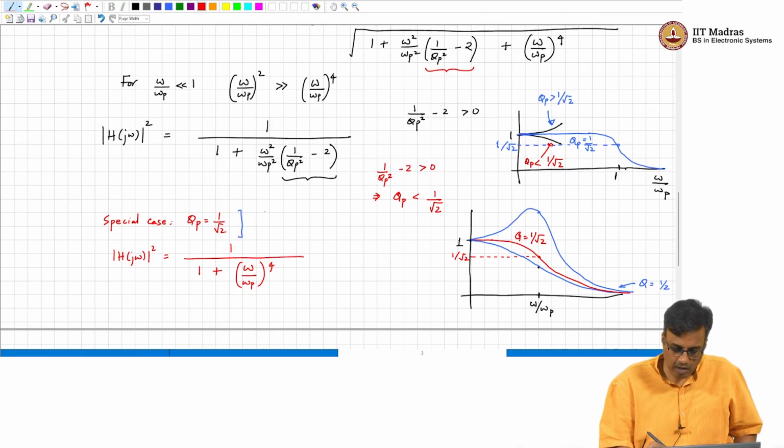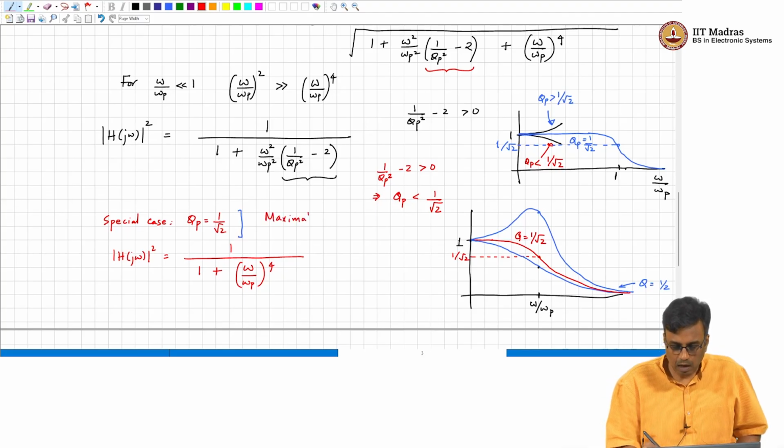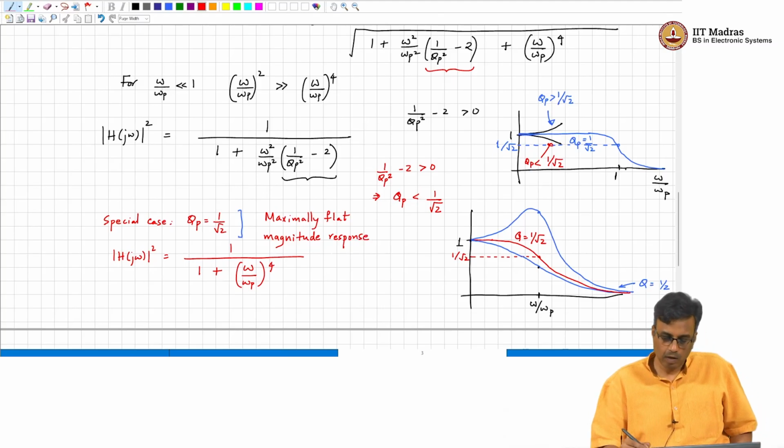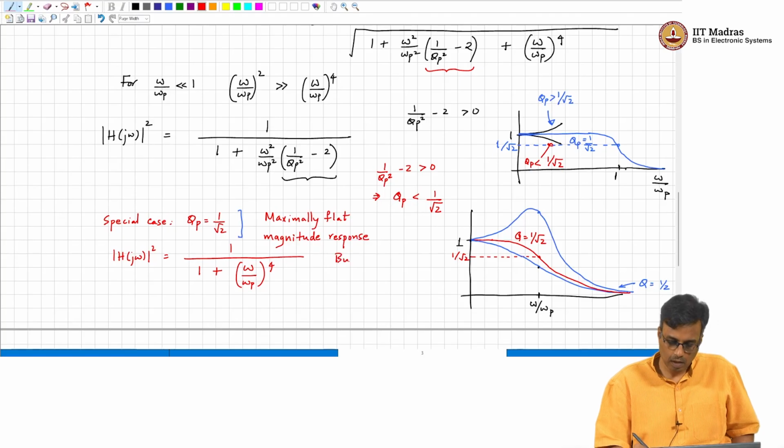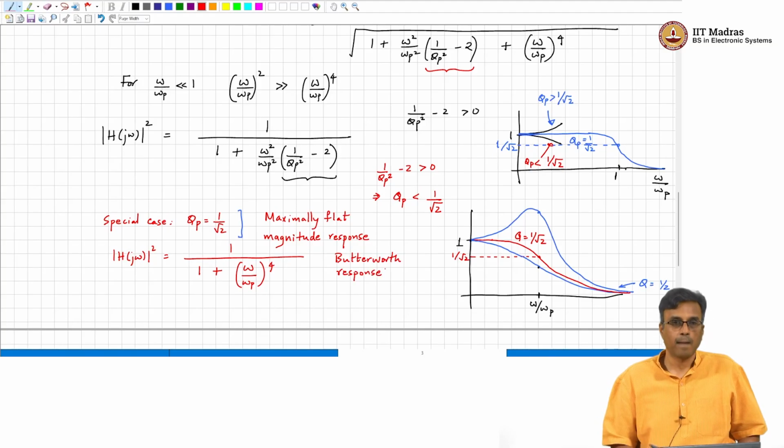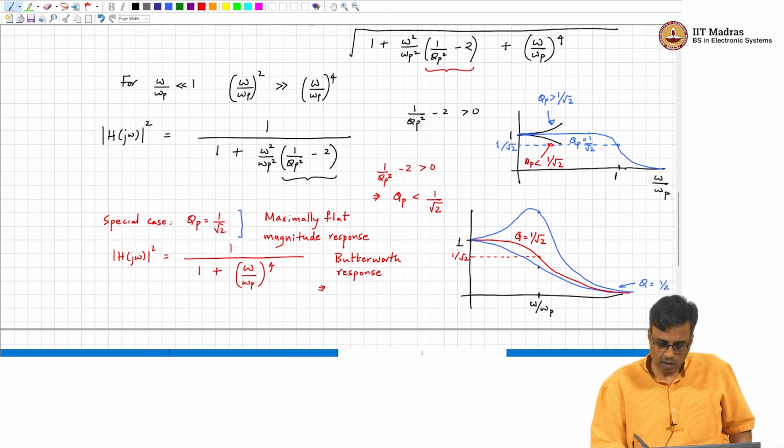Such a response is called a maximally flat magnitude response, also called the Butterworth response. So, this corresponds to a second order Butterworth filter.